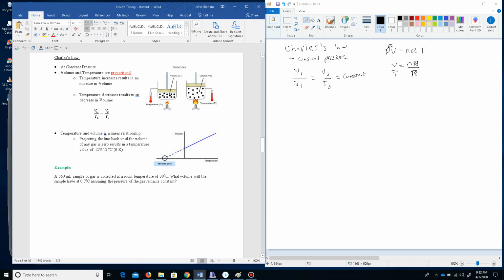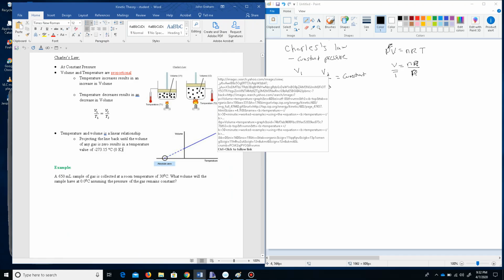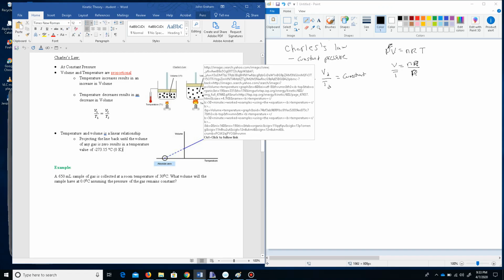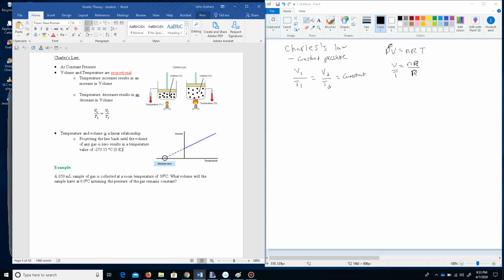It's going to move up, and it's all going to be linear. If we trace this down as far as we can go, no matter what element we're dealing with, it all arrives at the same spot. That is what we have deemed absolute zero, which is negative 273.15 degrees Celsius.